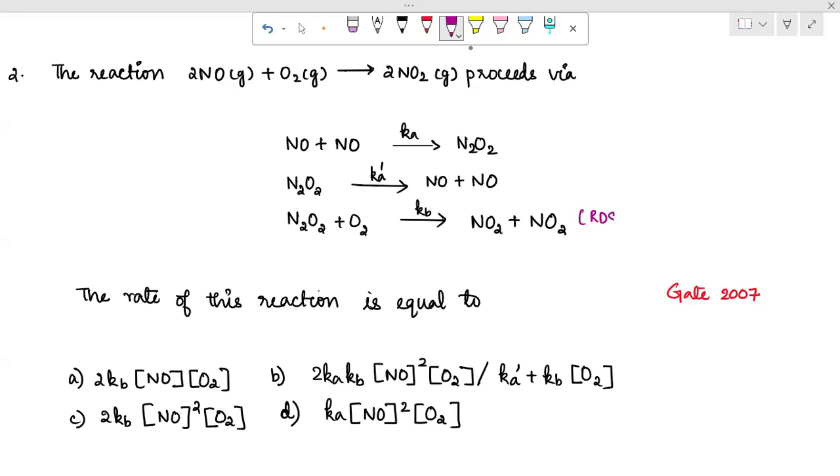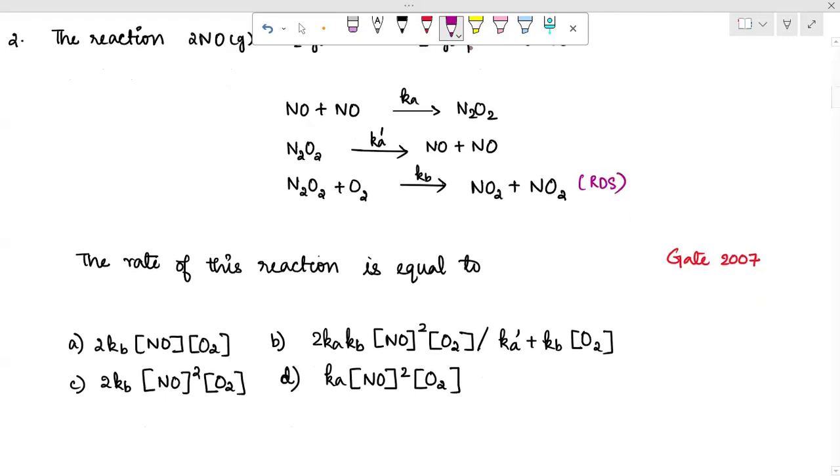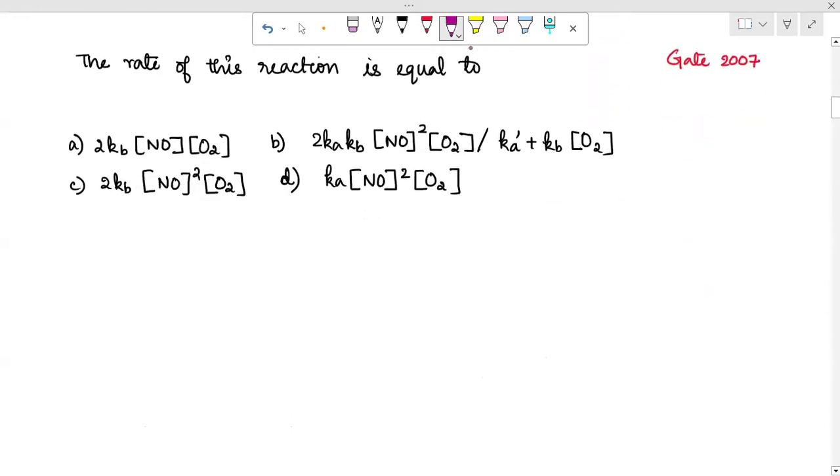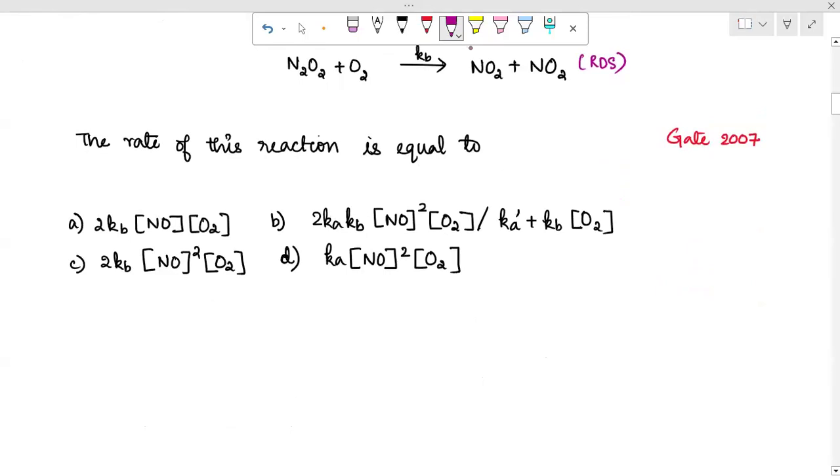Okay, so over here, this will be taken as the rate determining step. Now, if that is taken as the rate determining step, what we'll have is rate is equal to Kb, concentration of N2O2 into concentration of O2.